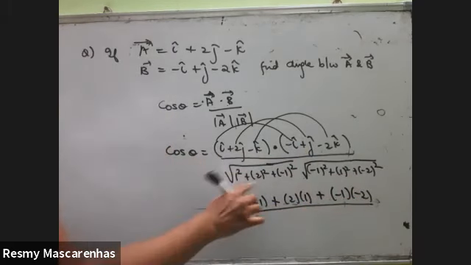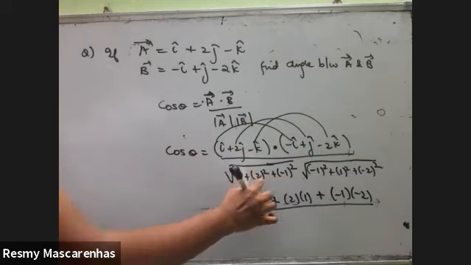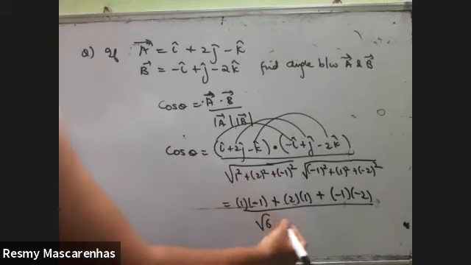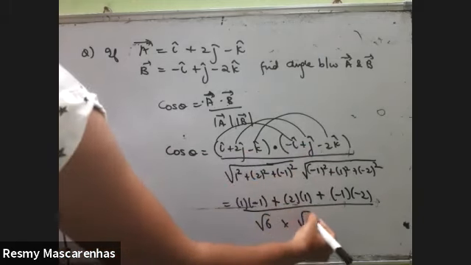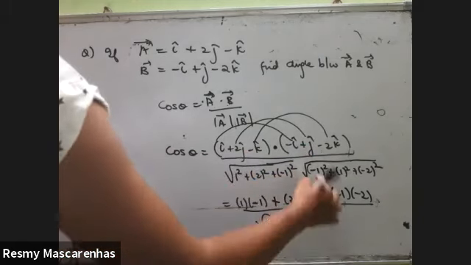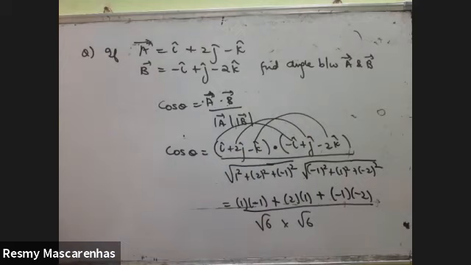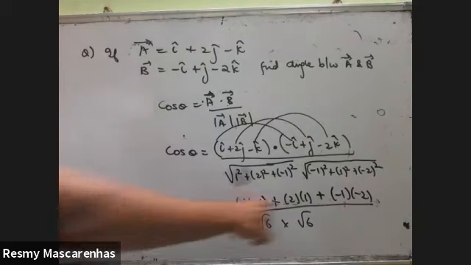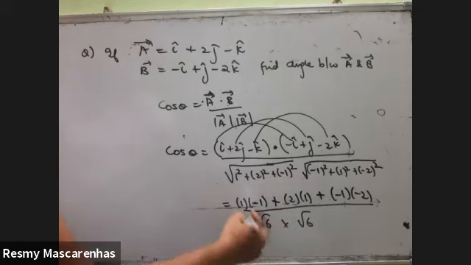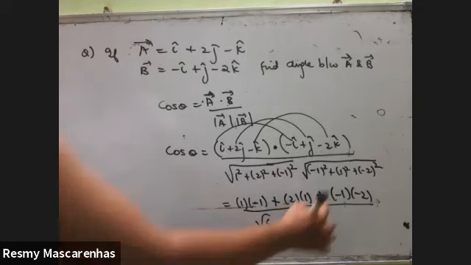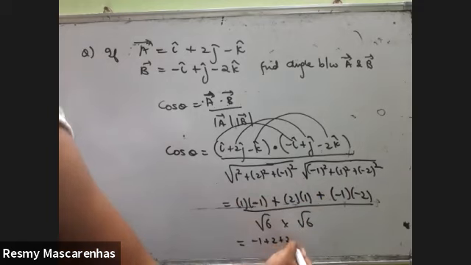Upon, calculate this: 1, 4, 1, this is 6. This is also root 6. Now solve the above part. -1 plus 2, minus into minus will give me plus.